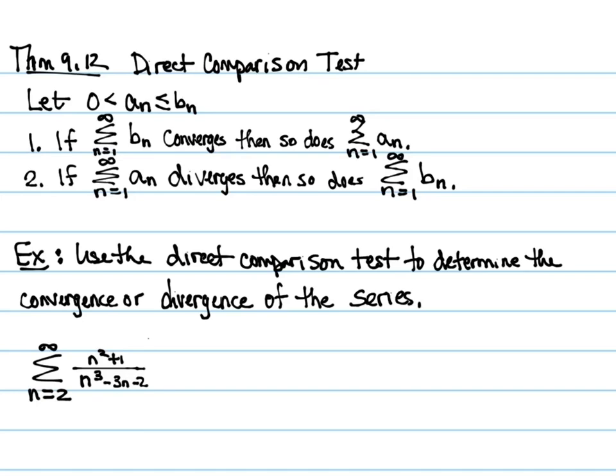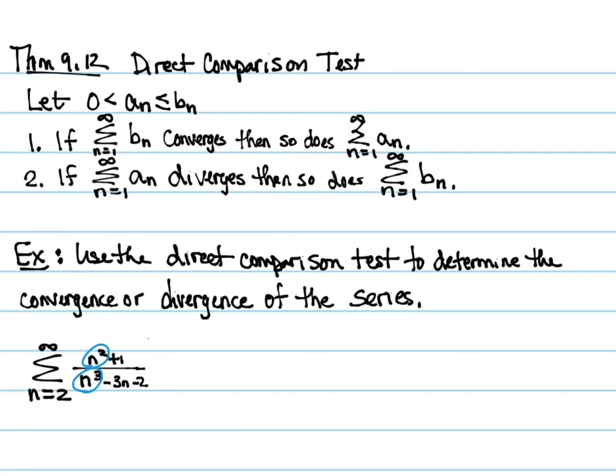All right, just taking a look at that, from the numerator to the denominator, comparing those two pieces, what part of each of the numerator and denominator kind of dominates the whole thing? What's really going on? What part of this really matters? The squared and the cubed, right?